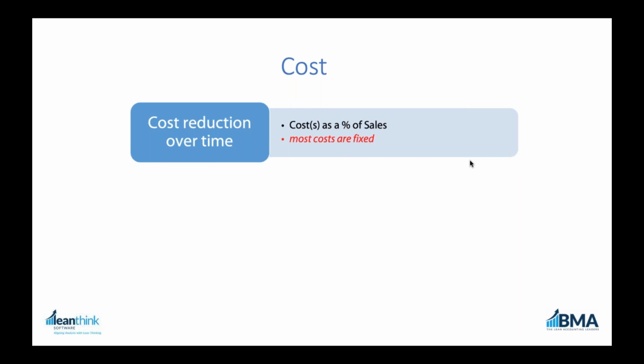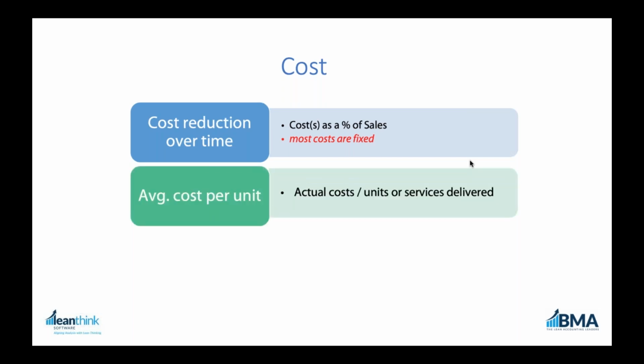One reason is that most costs are fixed, and that's something that lean organizations recognize. So, fixed costs are hard to reduce because they're fixed. But if you can reduce the rate of growth of the fixed cost, and your fixed costs don't grow at the same rate of sales, you're reducing your fixed costs as a percentage of sales.